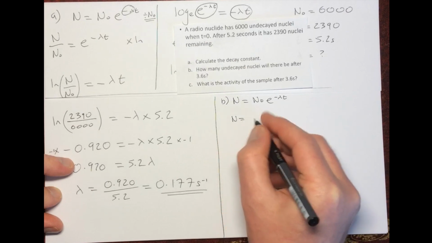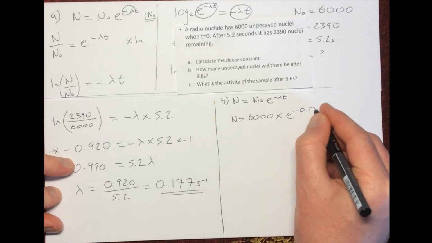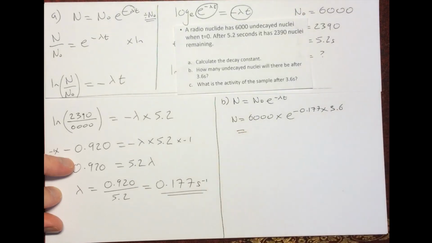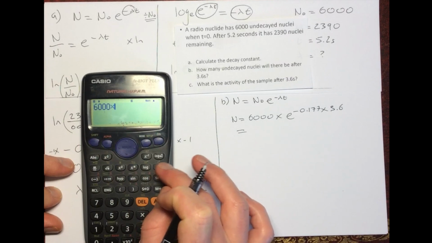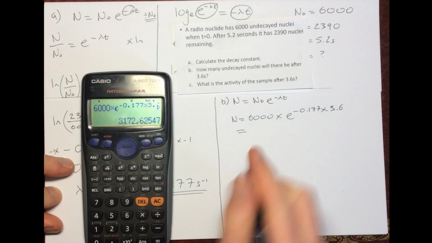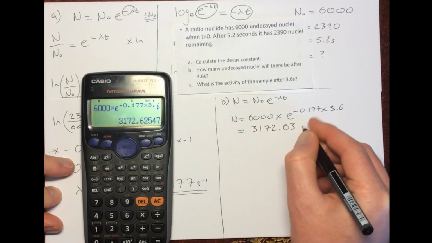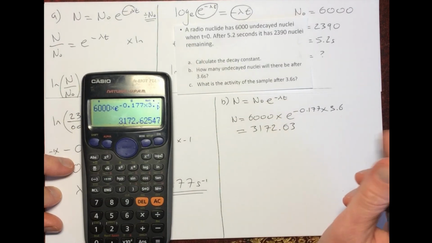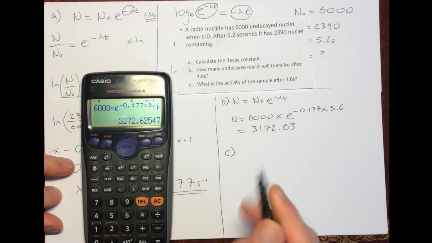So N is going to be equal to 6,000 multiplied by e to the minus 0.177 multiplied by 3.6. That's going to give you 3172.63.